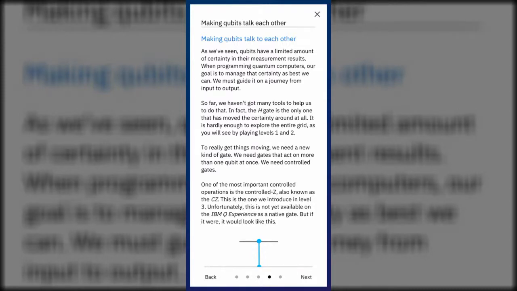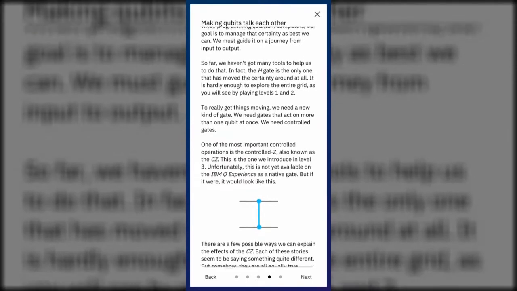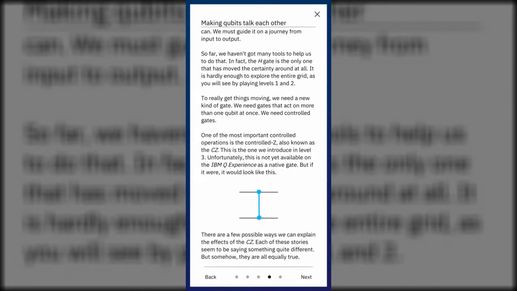Still feels a bit like it's not enough. I have the impression there's more to it, but so far we haven't got many tools to help us do that. The edge gate is the only one that has moved the certainty around at all.